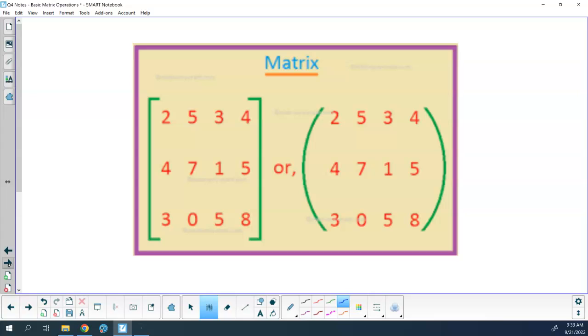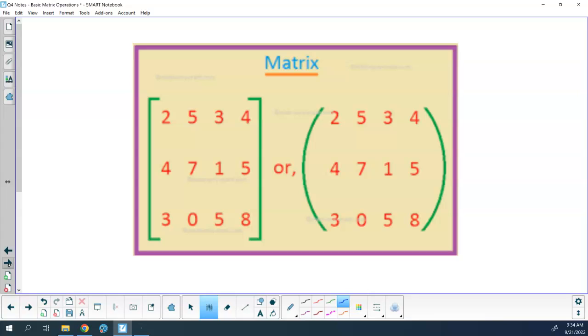Now, it would be hard to say, where does the element 5 live? Because you could say that the element 5 lives in row 1, column 2. I could say that it lives in row 2, column 4. And somebody else could say that it lives in row 3, column 3.